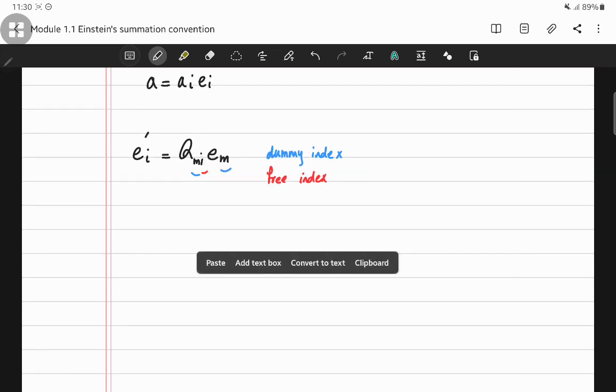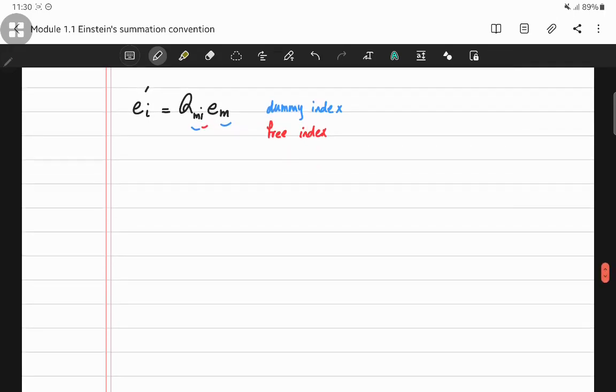This is of course clear now for you that you have this m here. If you want to know the transformed coordinate, you will simply write e prime 1 by putting i equal to 1, and here you will have m as a dummy index, so m varies from 1 to 3.